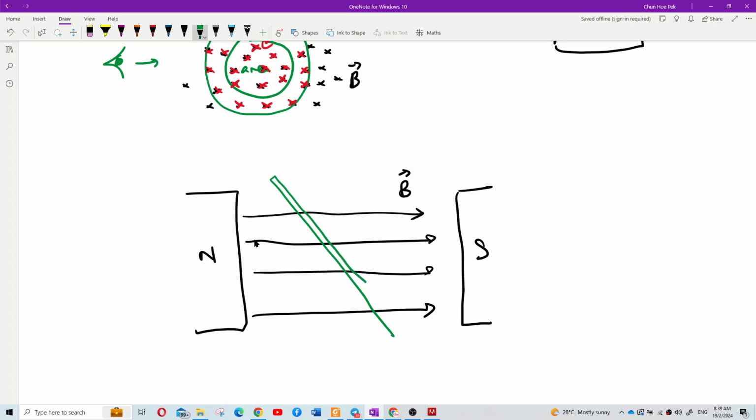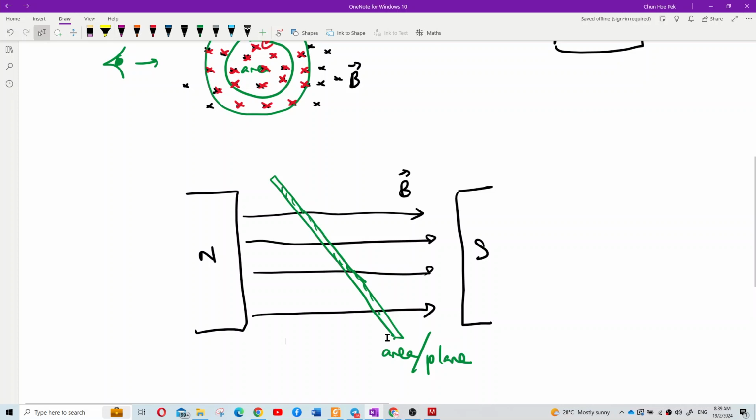Let's say my area has a certain angle. I look from the side, and this is the area, or we call it the plane. Actually, behind it is a big area, but I don't draw that part. I just draw the side of the area.